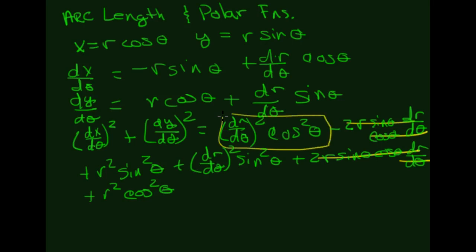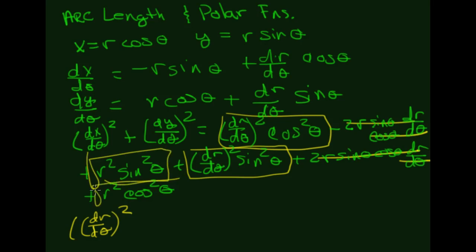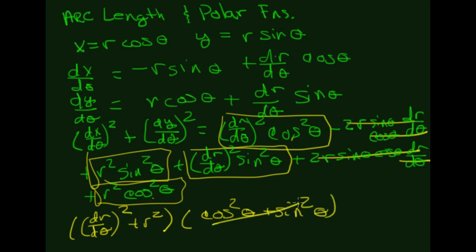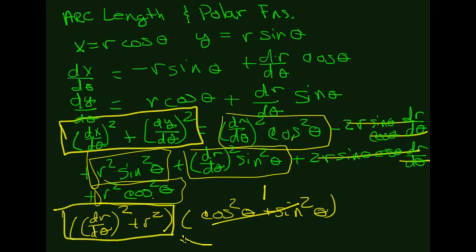These two line up, so that's going to give me dr d theta squared times cosine squared theta plus sine squared theta, and these two line up, plus r squared times cosine squared theta plus sine squared theta, which we recognize as 1. So, what did we just prove? We proved that this can be written as that in terms of r.